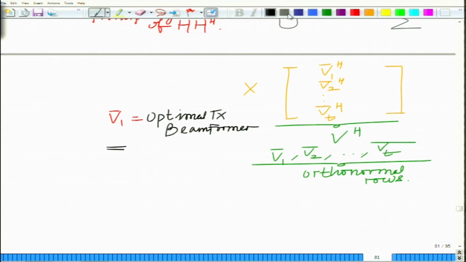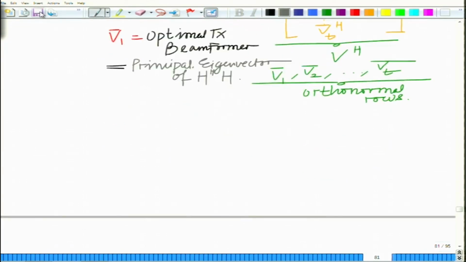This is also equal to the principal eigenvector of H Hermitian H. Now, for the decomposition into parallel channels, let us look at the following MIMO transmission scheme.